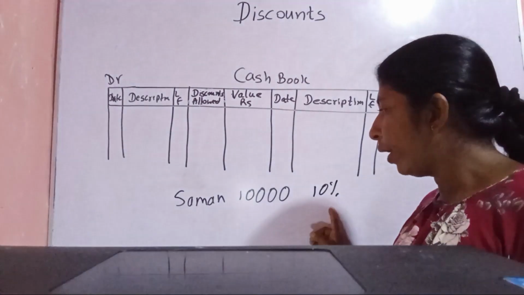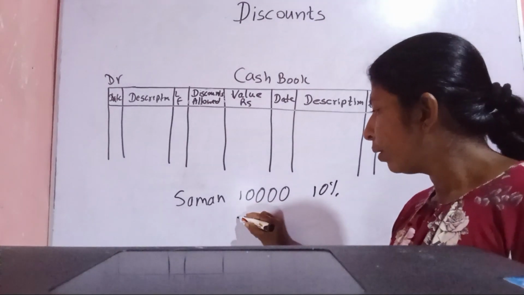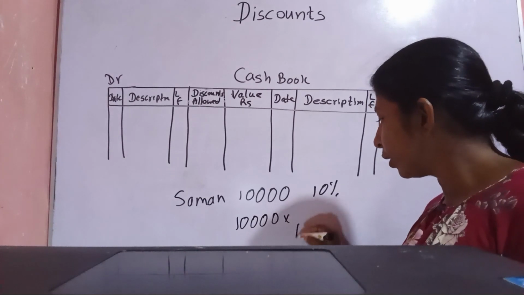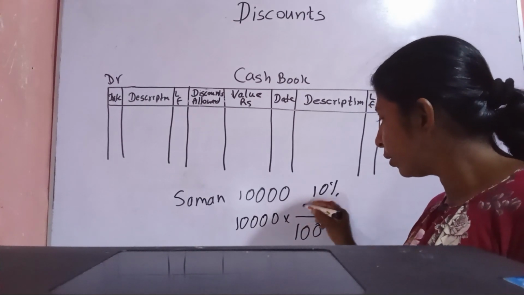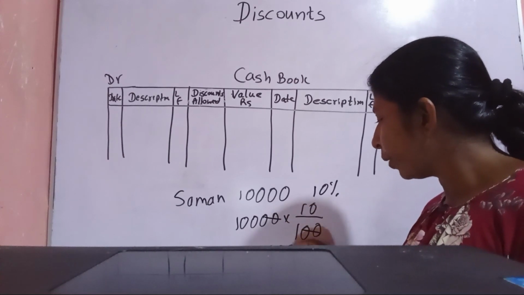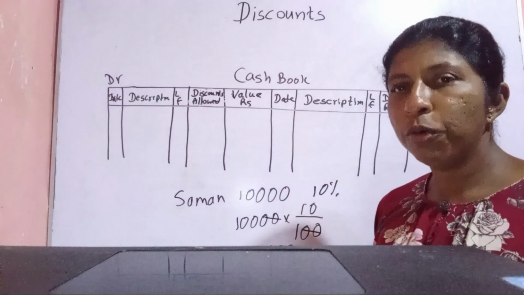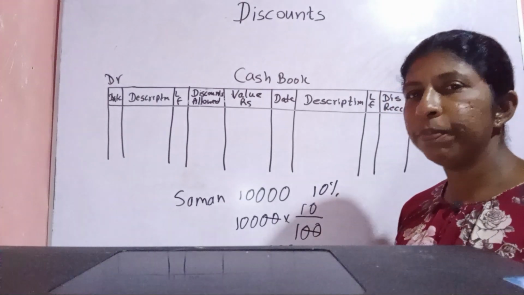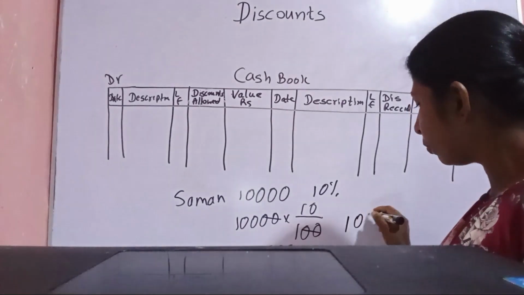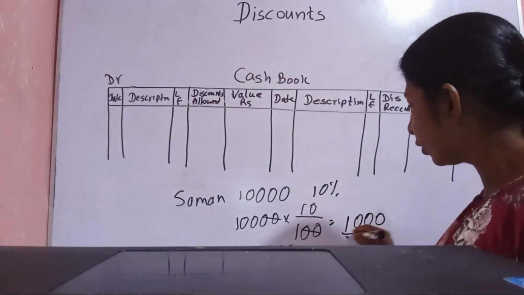We can calculate the discount by multiplying 10,000 by 10%. Then the discount is 1,000 rupees. Now, when we are receiving money, we have to record this rupees 1,000 in our accounts also.